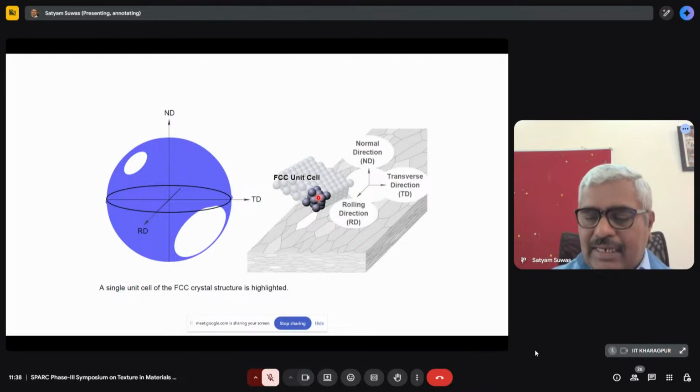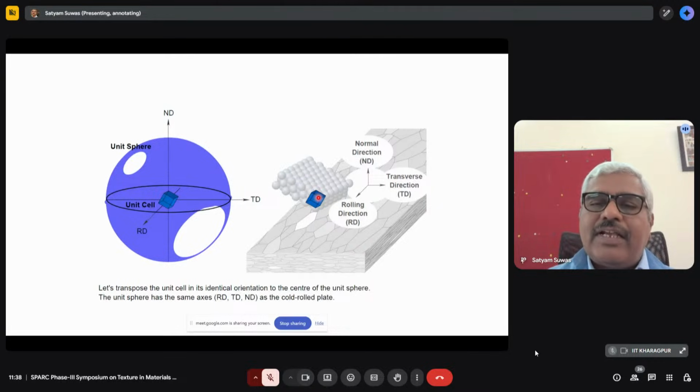The next step is we consider that unit cell, just join the centers of those spheres, and then it actually becomes a unit cell. Now this unit cell you transfer to the center of this sphere, right? So this is exactly the same. Basically what we are seeing here, we are going to map in this sphere. So you see this unit cell is placed here.